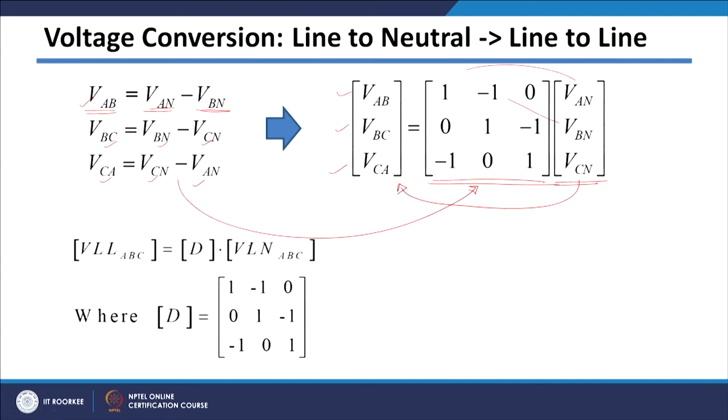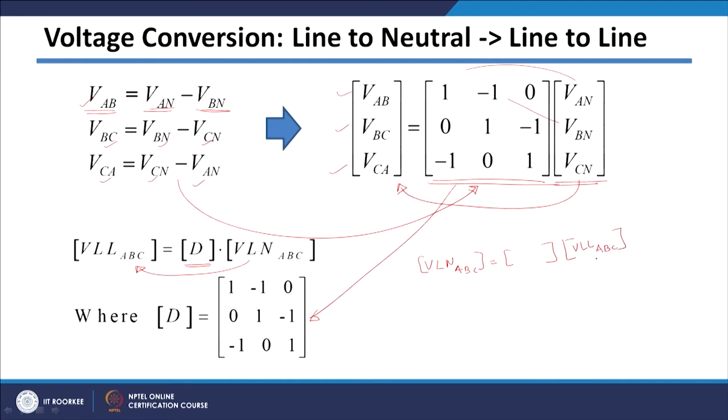As I told you, your line to neutral voltages will be converted into line voltages using this D matrix which I have calculated here. Now suppose you want to calculate line to neutral voltages, and line to line voltages are known. I want to calculate VLN ABC, and it will be equal to some matrix here multiplied by VLL ABC.